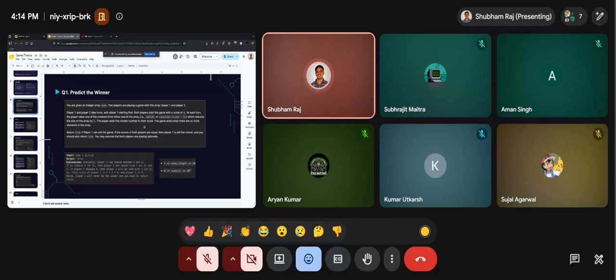The rule is simple: a player will either pick the first element of the array or the last element, remove that element from the array, and add that number to their score. The player who has the better score is going to win. So if I take the test case 1, 5, 2.